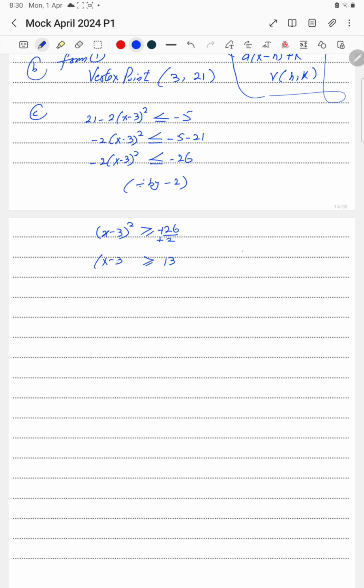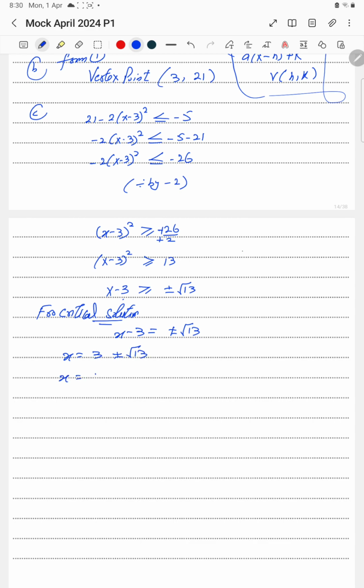So x minus 3 whole square, taking the square root on either side, will give me plus minus root 13. For the critical solution, suppose this is equal to plus minus root 13. So we have two values, 3 plus minus root 13.